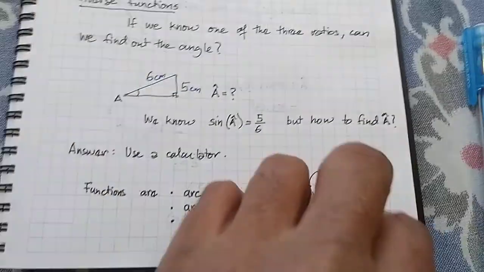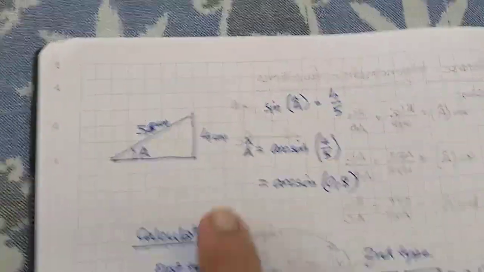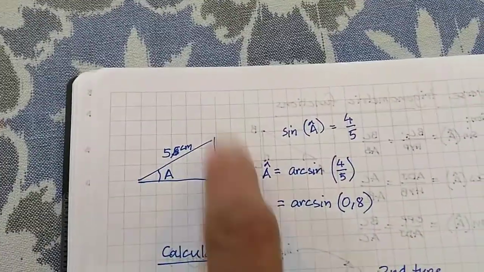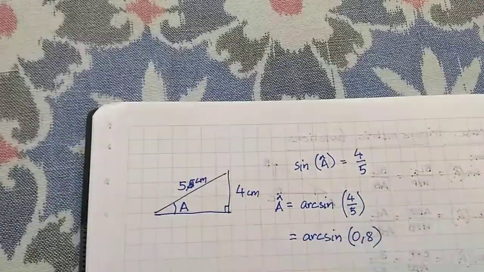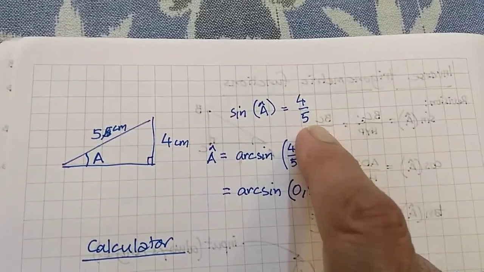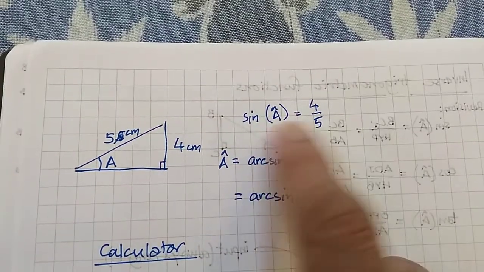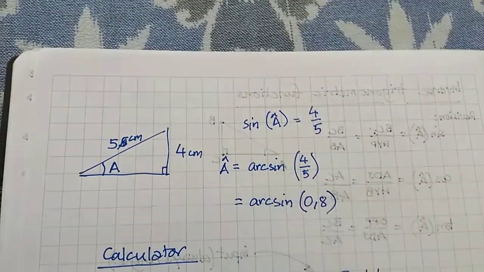So let us take a practical example. Here we have a triangle where this side is 4 centimeters, this side is 5 centimeters. It is a right triangle. So we know sine A is equal to 4 over 5. So what is A equal to? A is equal to arcsine of 4 over 5.